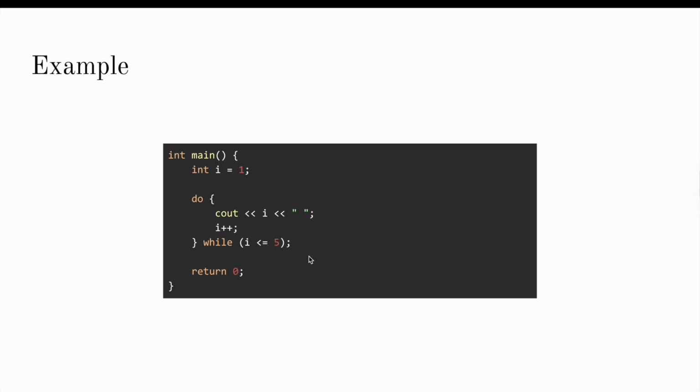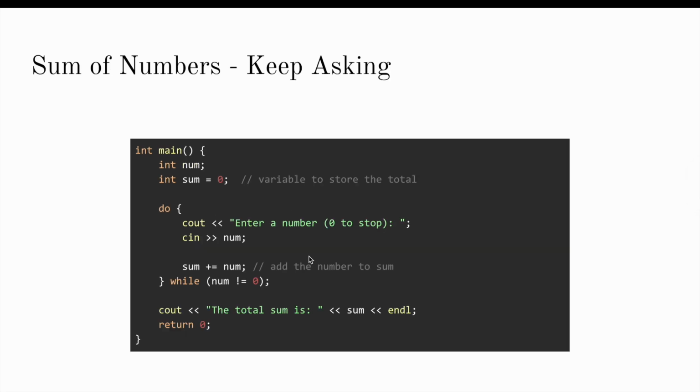Okay, and sum of numbers, keep asking. So now where do we use a do while loop in practical scenarios? This program keeps asking for a number to add numbers, and when the user enters 0, it will stop.